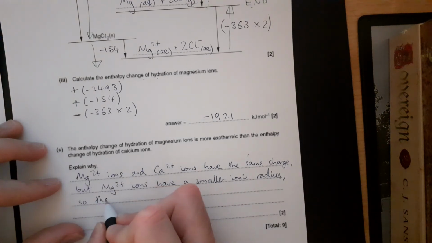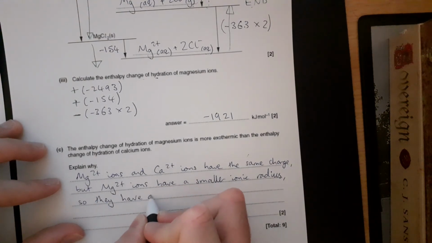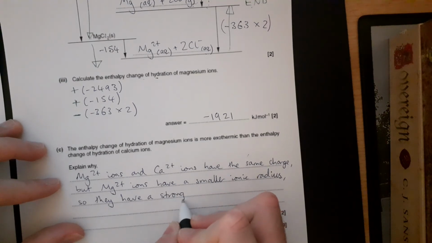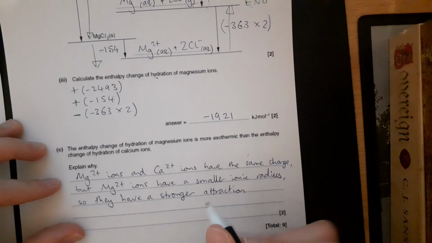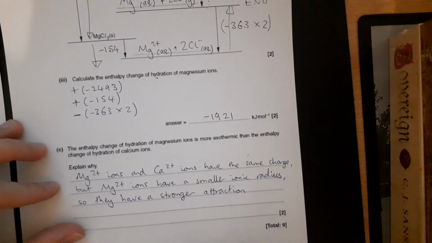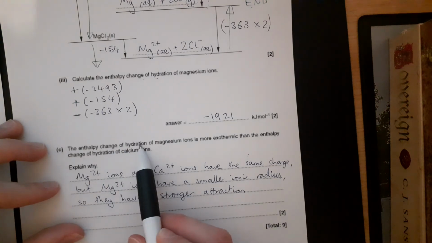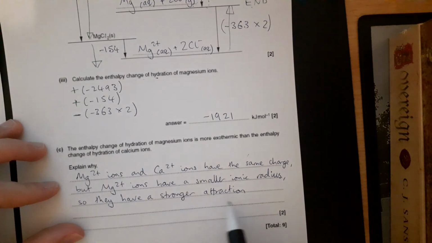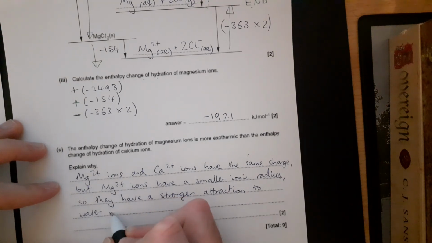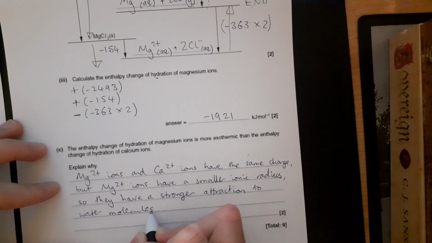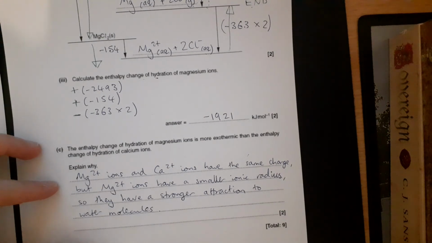So they have a stronger attraction. And then this is where we need to be careful. If this was lattice enthalpy, we'd be saying they've got a stronger attraction to the negative ions in the lattice. But we're talking here about enthalpy of hydration. So we need to say they have a stronger attraction to water molecules. Okay, because that's what's going on in the enthalpy of hydration.